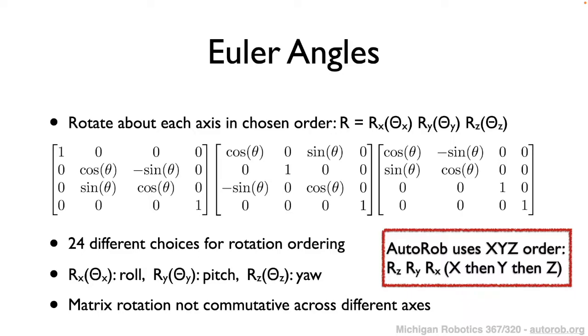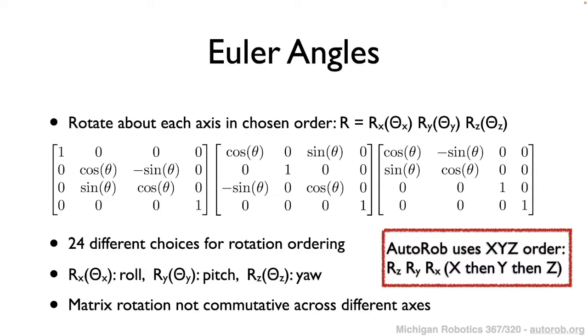So if you recall, within Euler angles, we consider a rotation as being a composition of individual rotations about each of the three possible axes. So we could consider a composed rotation shown on this slide as being a composition between a rotation about z, and then a rotation about y, and then a rotation about x.